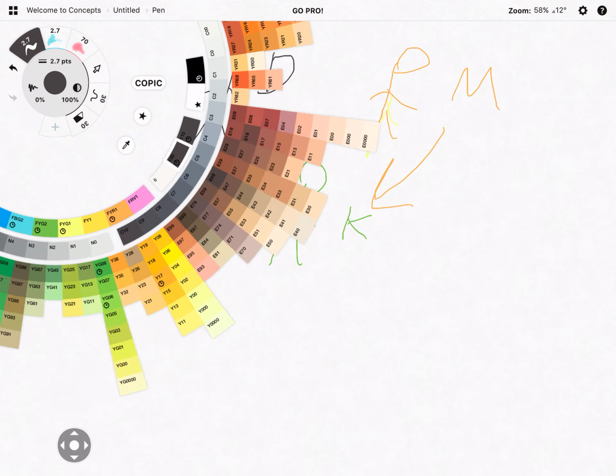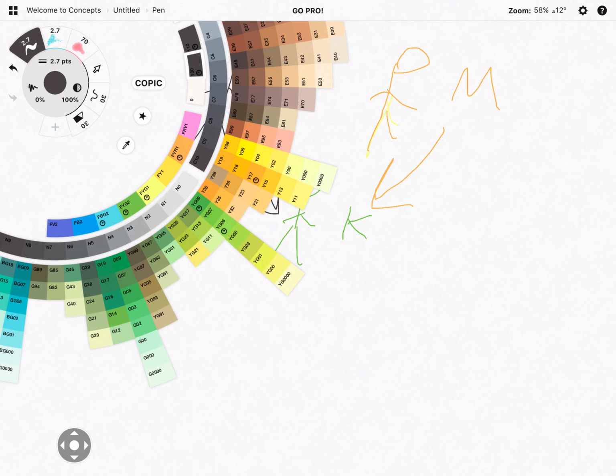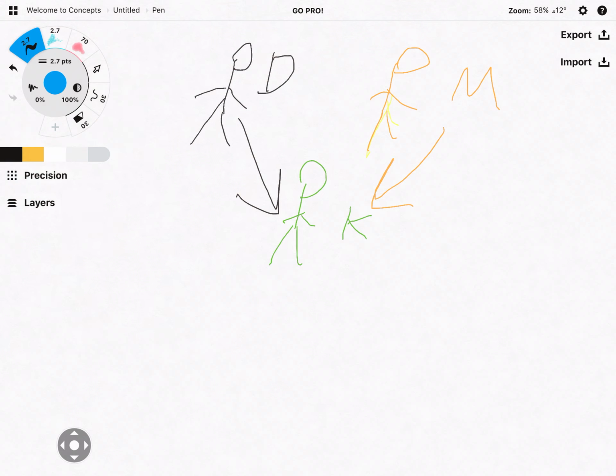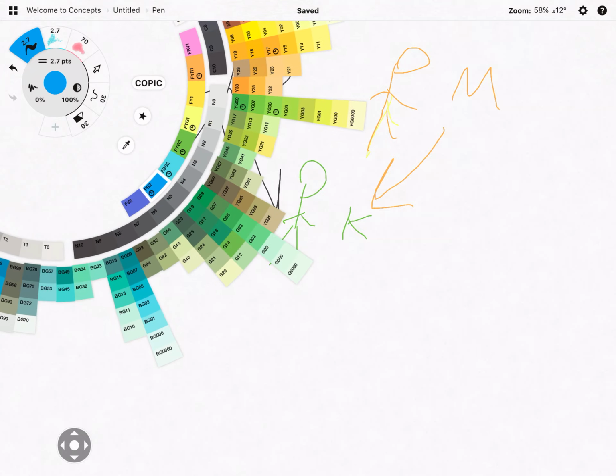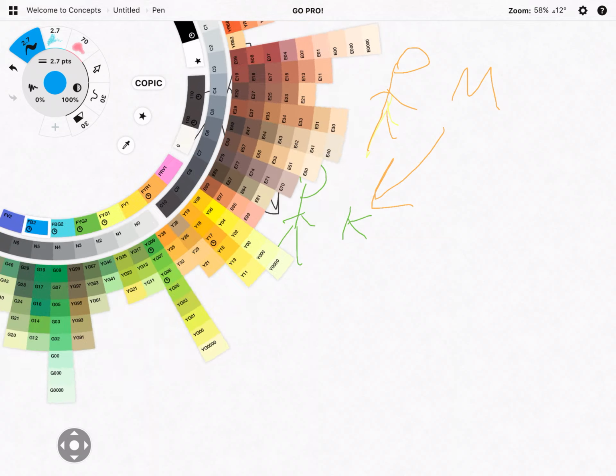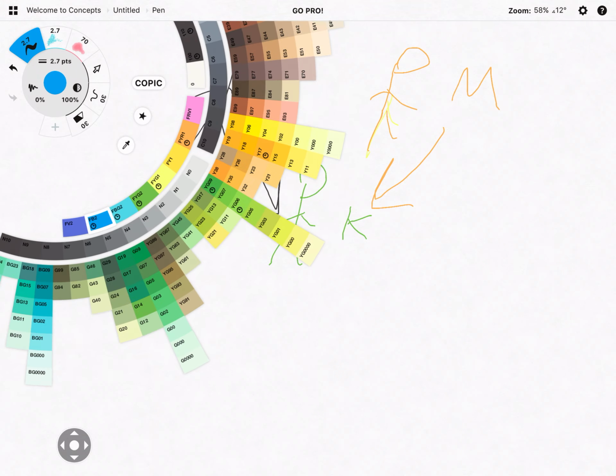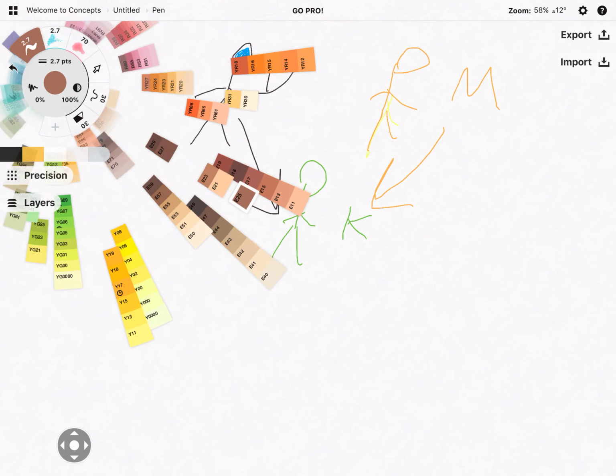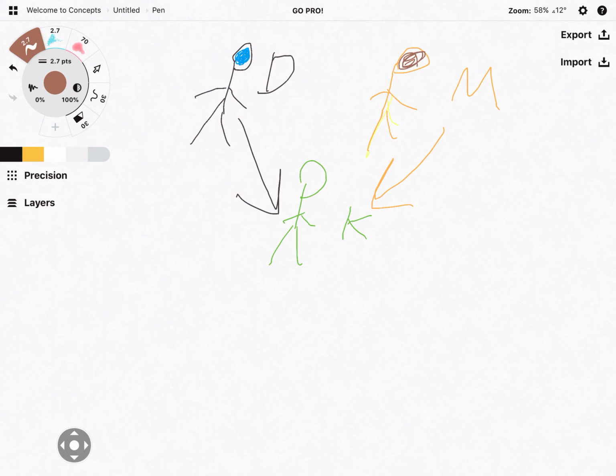So let's do kind of an example. Let's say that the dad has blue eyes, and let's say that the mom has brown eyes. So what is the kid going to have?